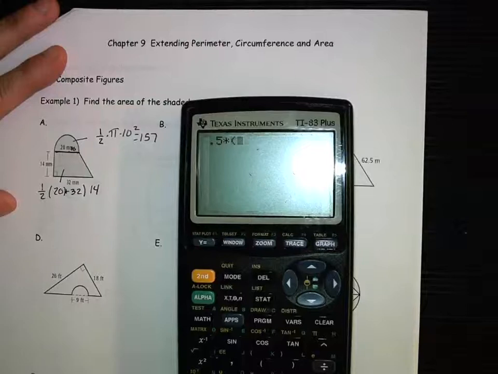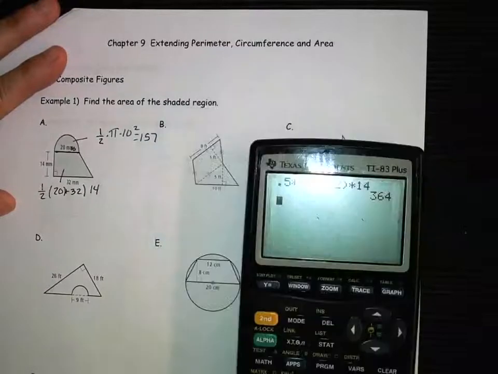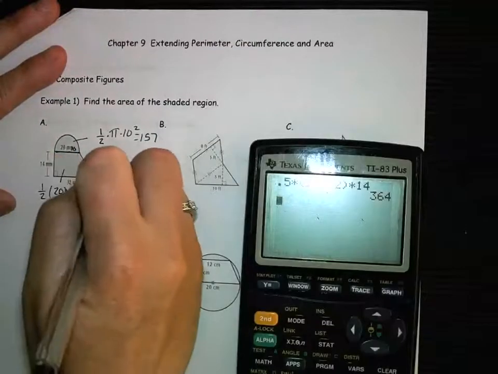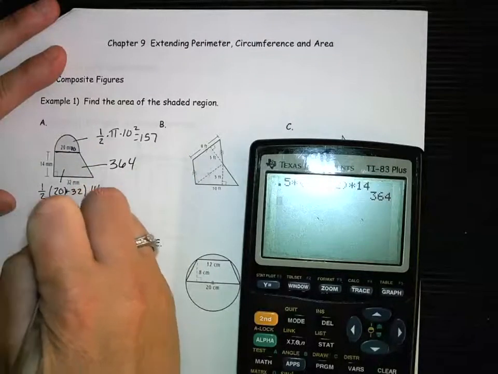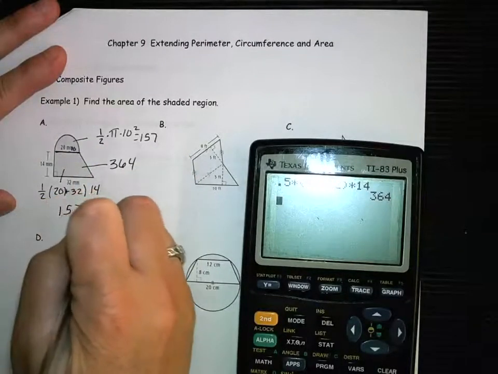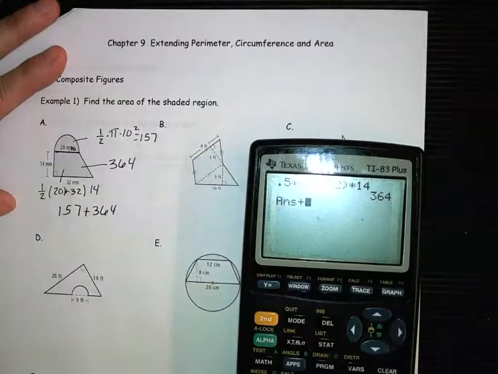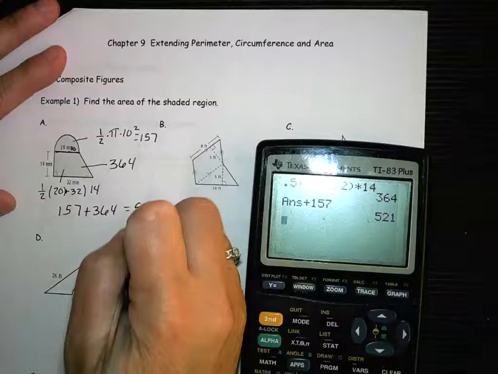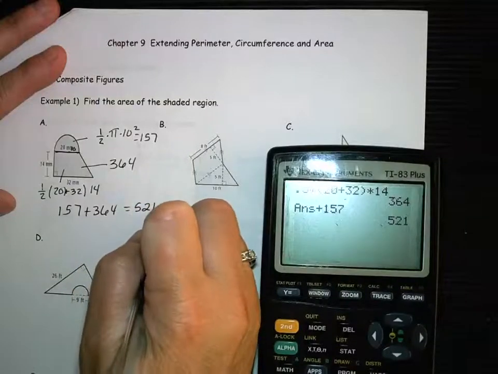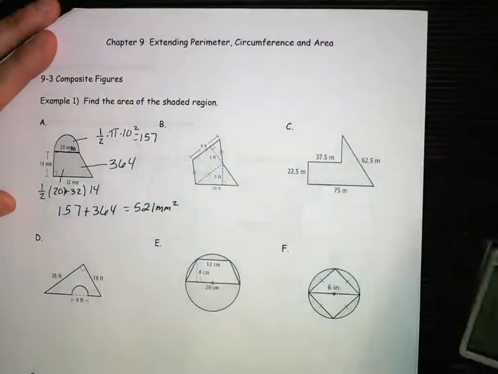So 0.5 times 20 plus 32 is inside the parentheses, times 14. That makes this piece 364. 157 plus 364 is a total of 521 millimeters squared.